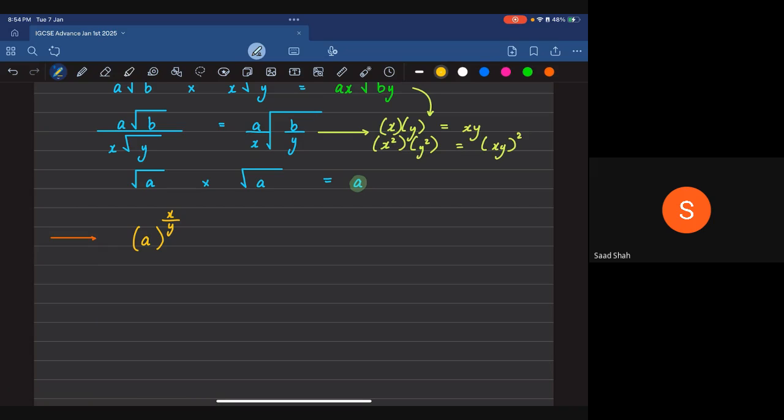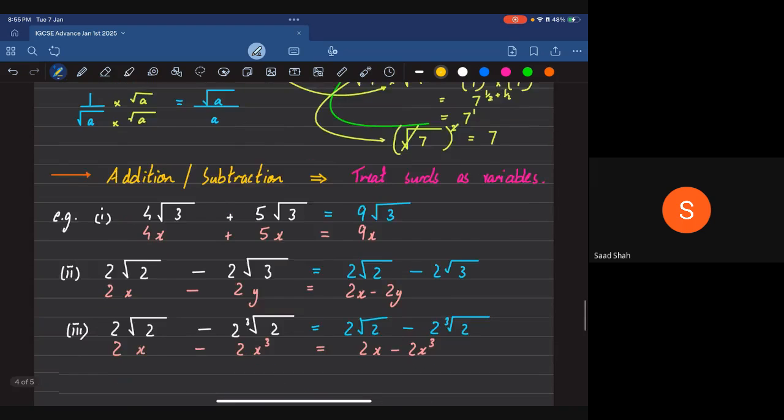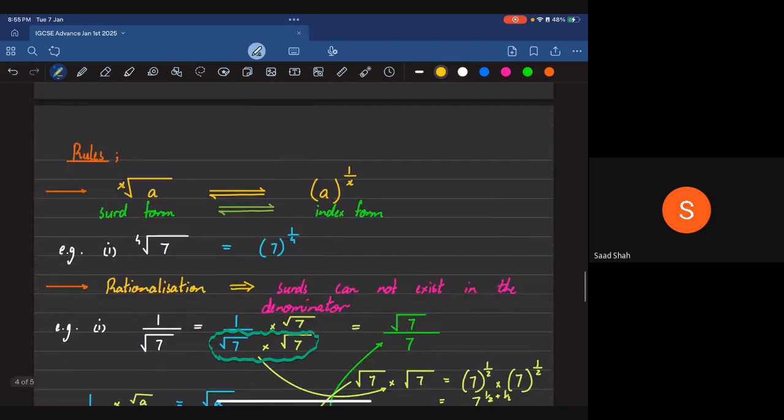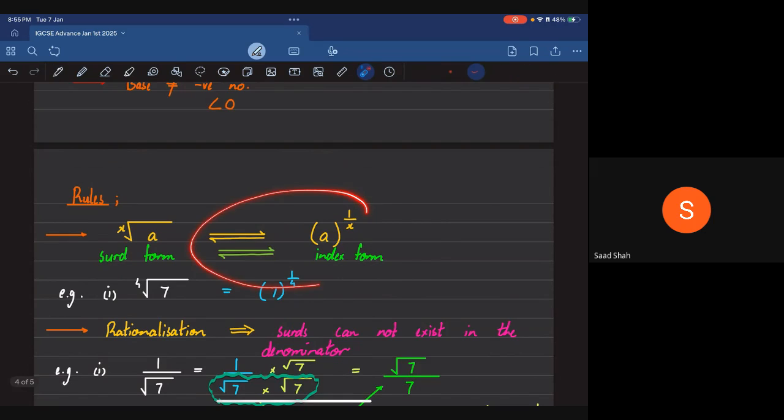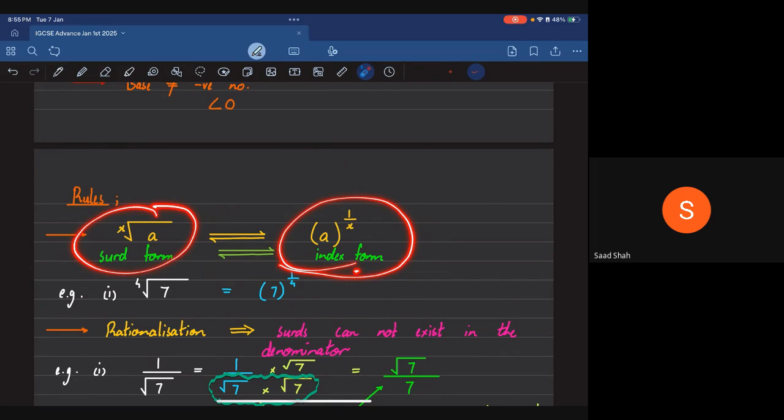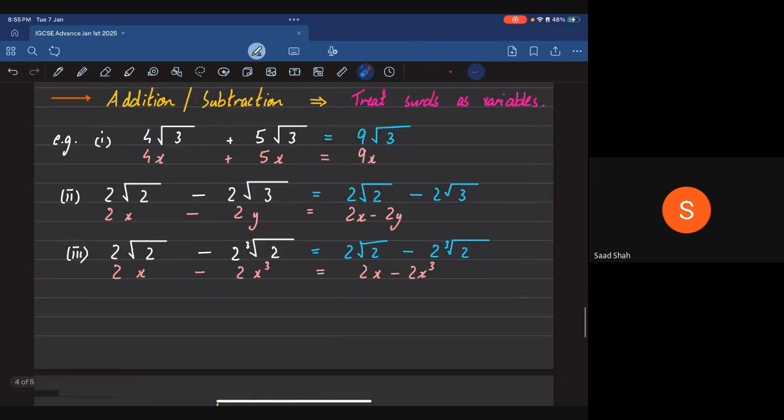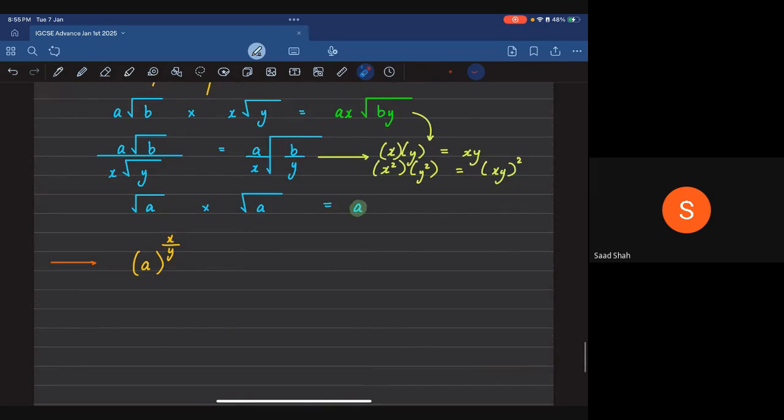Now, you have a numerator which is not equal to 1. Why is this different from when we started off with surds and learned how to change between index form and surd form? What you notice is that whenever a surd was written as an index form, the numerator of your power was equal to 1. But what if it's not equal to 1?